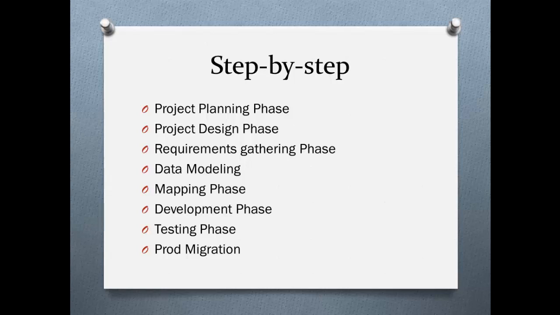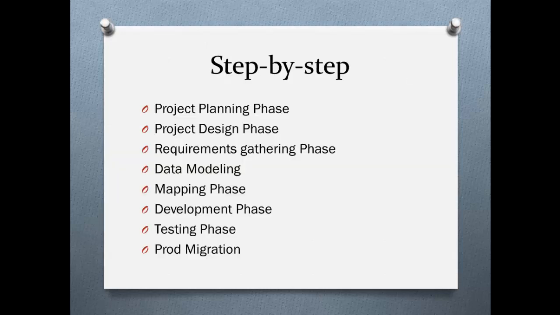That's the reason they have a testing phase, where the code developed by the developer is tested by QA, the quality analysts. The quality assurance and analysis is done, and if it passes, it is moved on to production. This production migration, the terminology may be different in different scenarios.